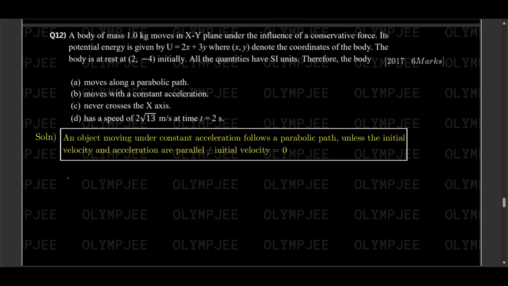So we know that for conservative forces, force is given as minus dU by dx, right? So force will be -2i cap - 3j cap, and acceleration will also be the same since mass is 1 kg.